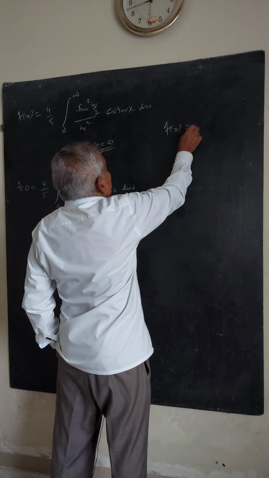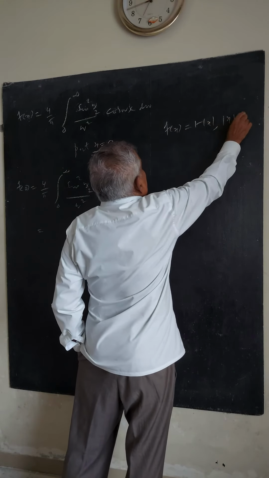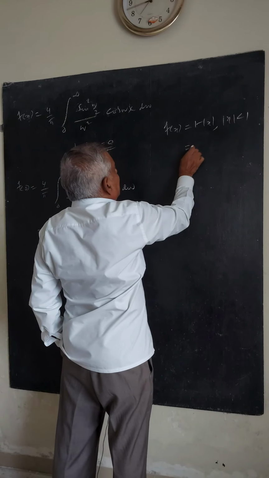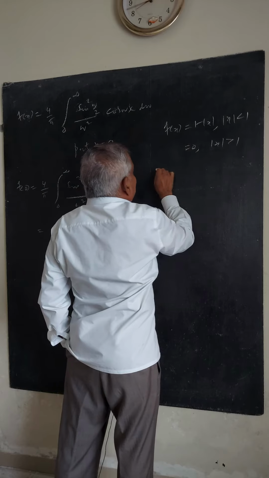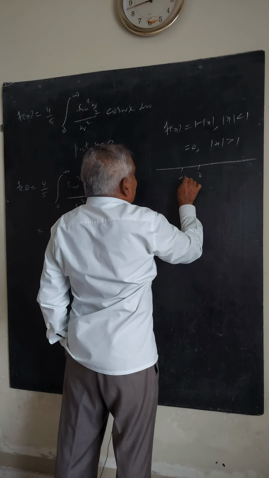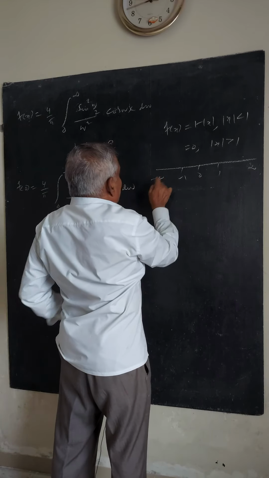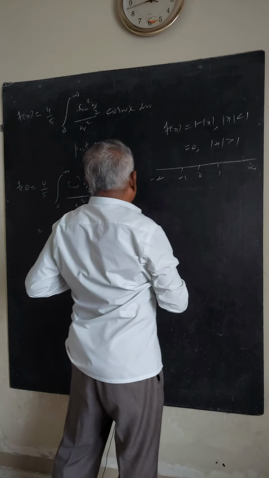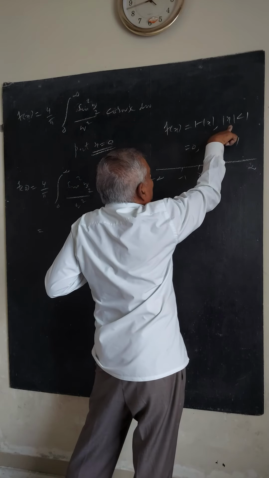Let us go into the sums. f of x is 1 minus modulus of x for modulus of x less than or equal to 1, and equal to 0 for modulus of x greater than 1. This denotes minus 1 to 1, the middle. This denotes the outer area, minus infinity to minus 1 and 1 to infinity. 0 comes in the middle, minus 1 to 1.